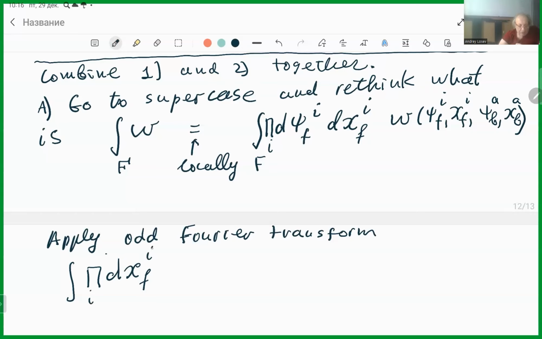I keep this alone. And here, what do I see here? I see here the odd Fourier transform for theta equals to 0.